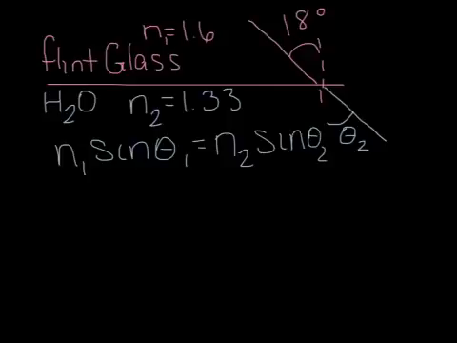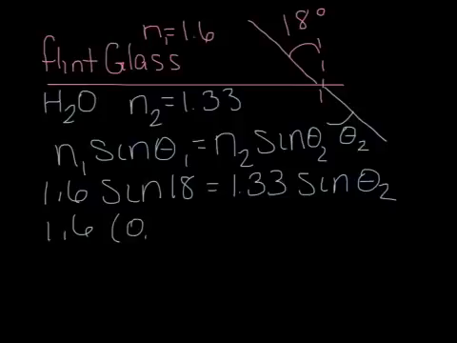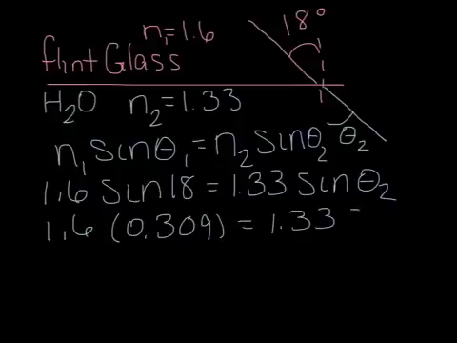So N1 is 1.6 sine of 18 has to equal 1.33 sine of theta 2. Okay, 1.6 times the sine of 18. Sine of 18 is 0.309, so 1.6 times 0.309 equals 1.33 sine of theta 2.